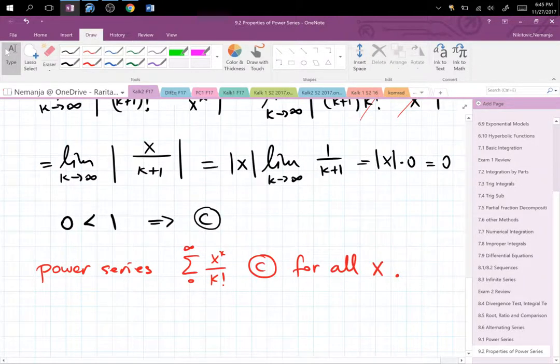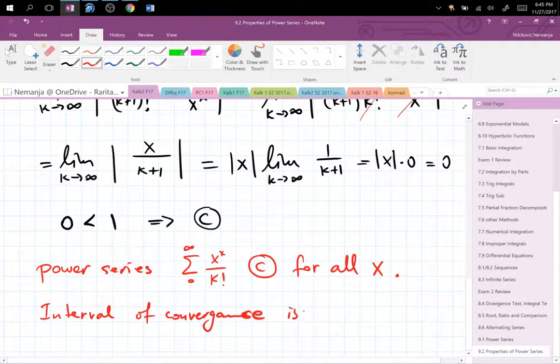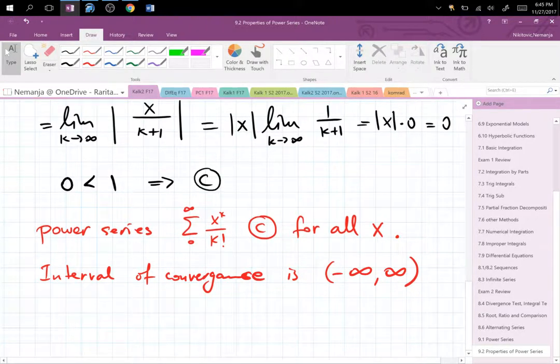Now we know that x is on the real line between negative infinity and infinity, so the interval of convergence is negative infinity to infinity. And the radius of convergence is half of that.